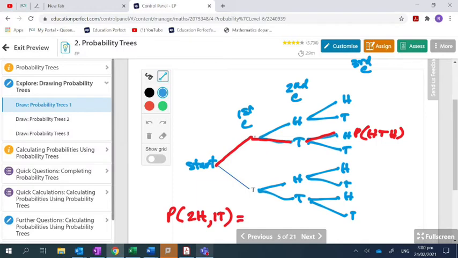Can you see any other branches that would give me that same result? Because remember, in probability, the order doesn't matter. All the other ones would give me 2 heads and a tail? Yeah, they could. Well, look, this is heads, then heads and tails. Does that one work? Yep. That one works. Any more?